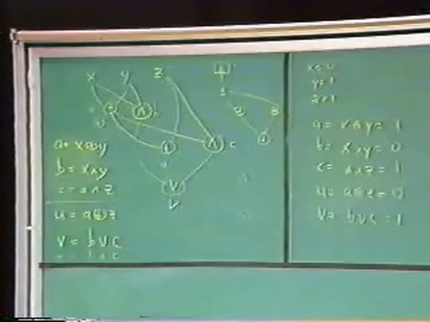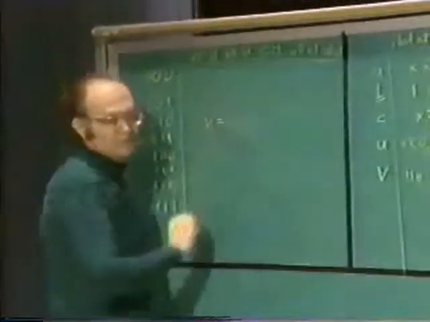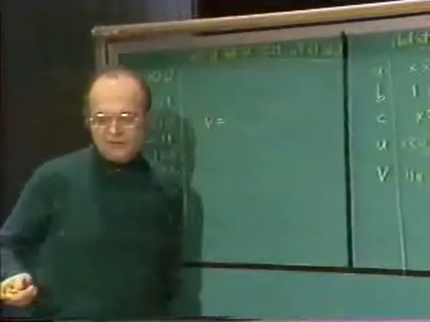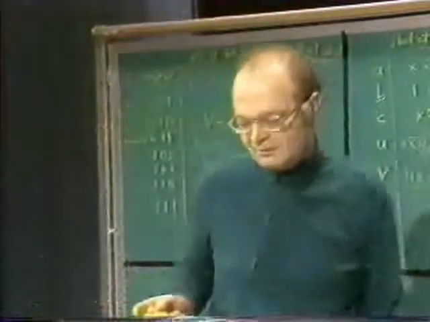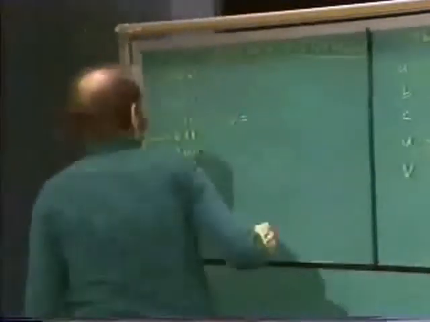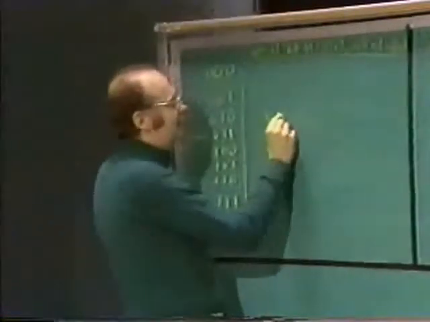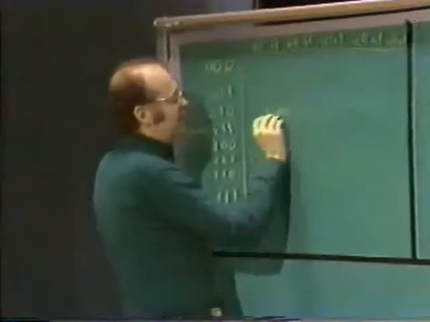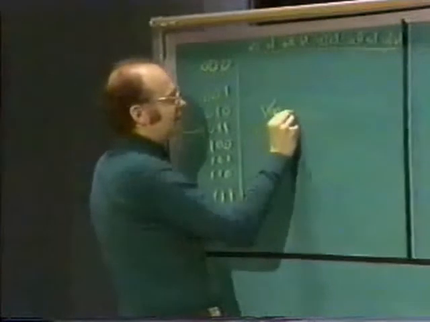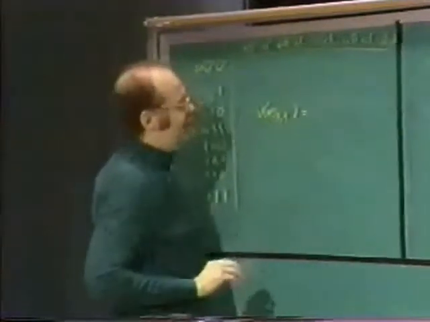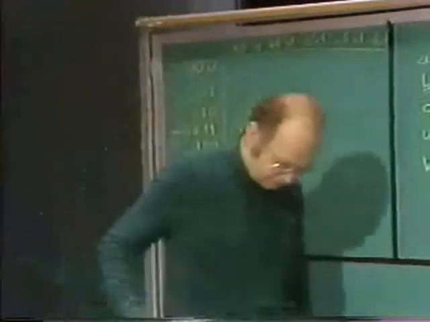Suppose, for example, that I wanted to say, does V depend on A? I want to show this quickly because we're running out of time. But V is a function of the inputs X, Y, and Z, and we can take any Boolean function and write it in various canonical forms.